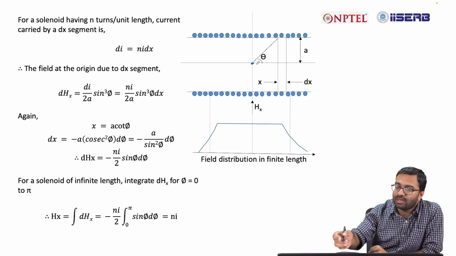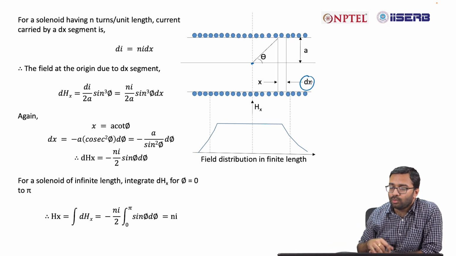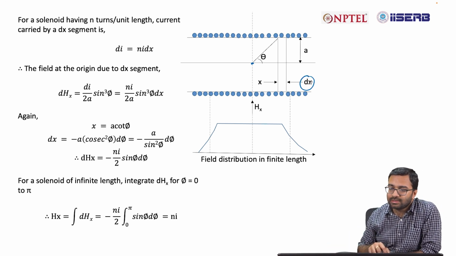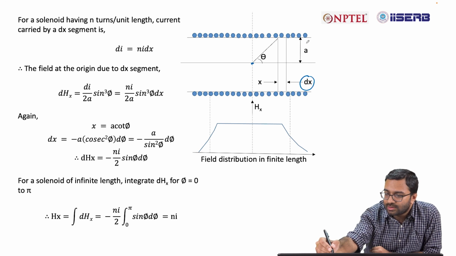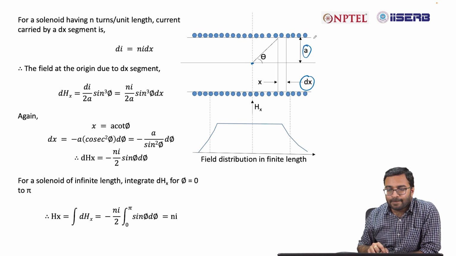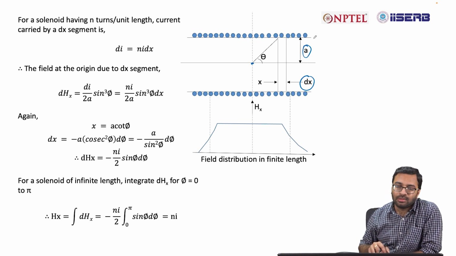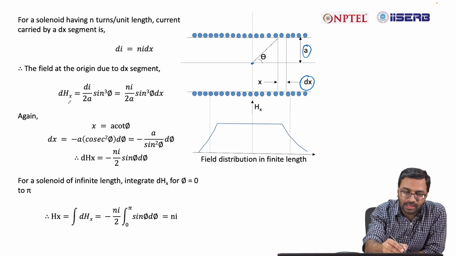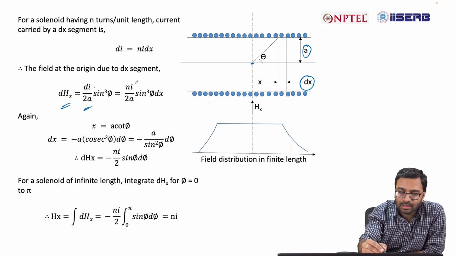So, in this case we have taken a very small portion of the solenoid, that is dx. The perpendicular distance from the solenoid to this point is a, and if you calculate the value of hx, the magnetic field in the x direction, you use the same formula, you will find dhx is di by 2a into sine cube phi.